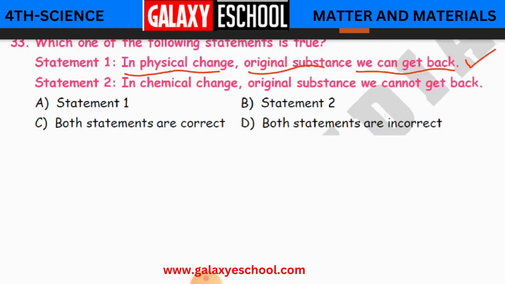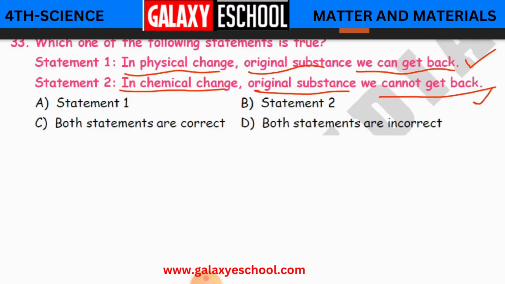In a physical change, we can get back the original substance, like we learned by one experiment, like tearing the paper and again joining all the pieces of the torn paper. We will get back the shape of the paper again, and the paper as it is will remain. And in a chemical change, the original substances we cannot get back. Is it true? Yes, even this is also true.